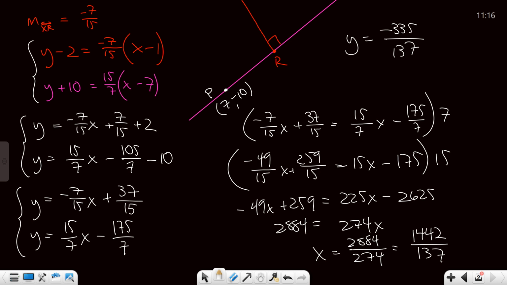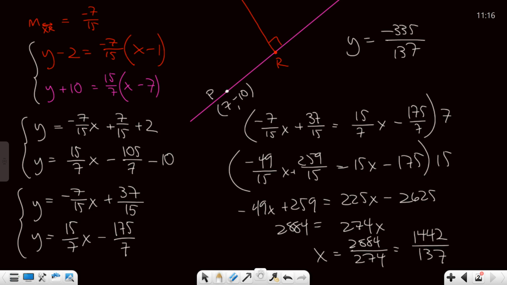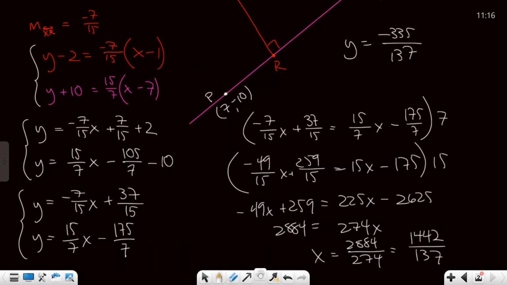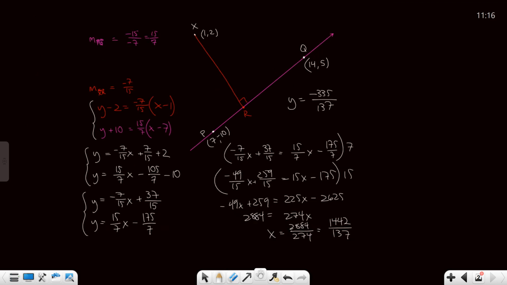What does that x and y represent? It represents the location of r, and then I can find the distance between x and r. There's a lot going on on that screen. Part of it is geometry, but 90% of it is algebra. Whoop, come on. There we go.